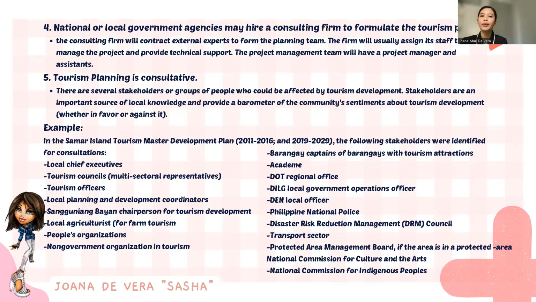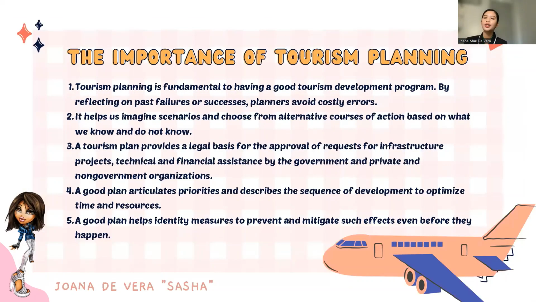Next slide, please. So let's go on to the importance of tourism planning. Tourism planning is fundamental to having a good tourism development program. By reflecting on past failures or successes, planners avoid costly errors.